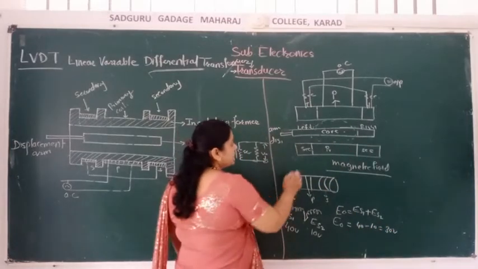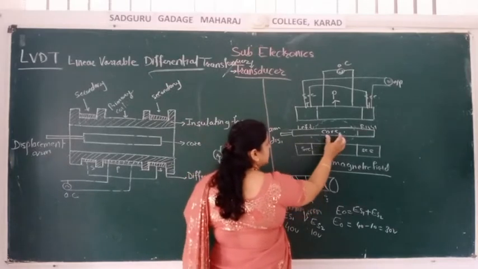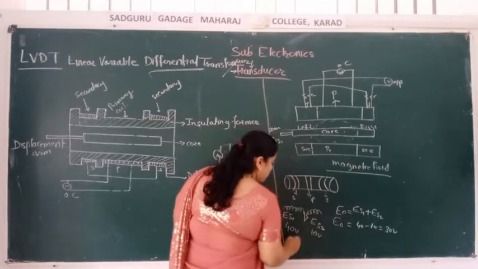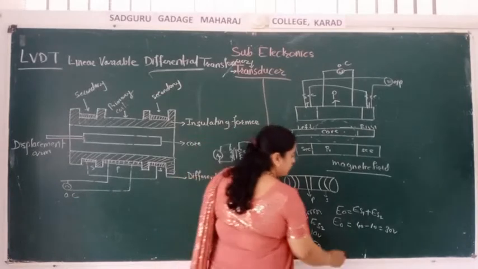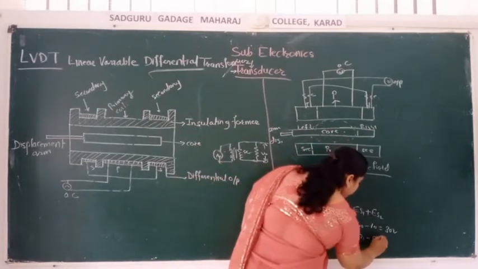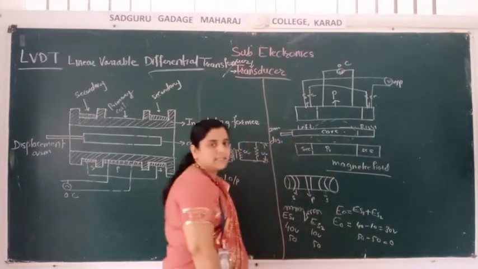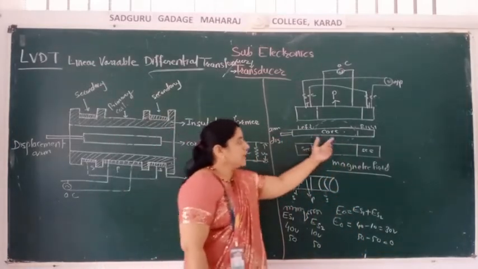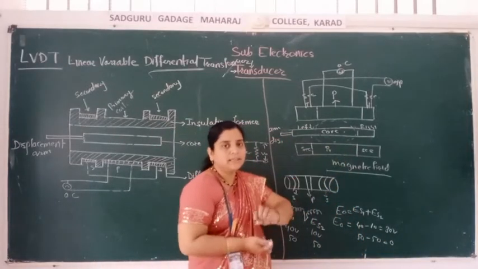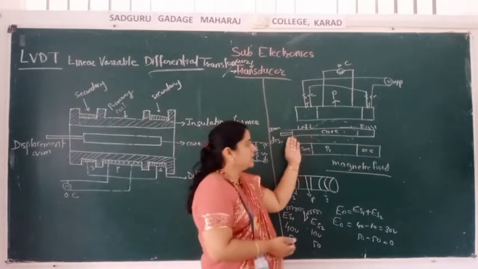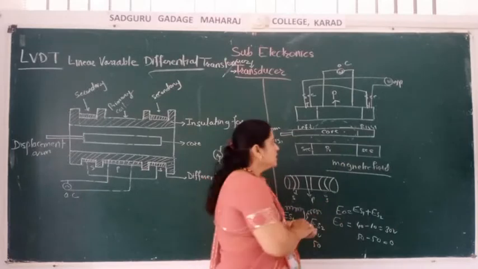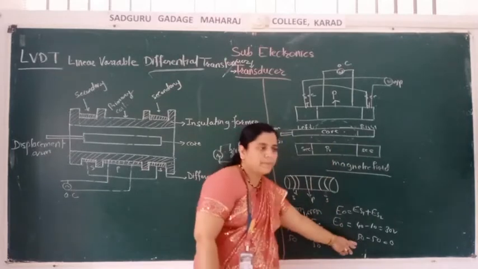Suppose the core is at the center of the primary, in both directions. We suppose ES1 is 50 and ES2 is 50. If both are 50 minus 50, then the output we are getting is 0. Means the core is at the center. There may be deflections at the left side and right side of the center. If it is in the center, then the output will be 0.